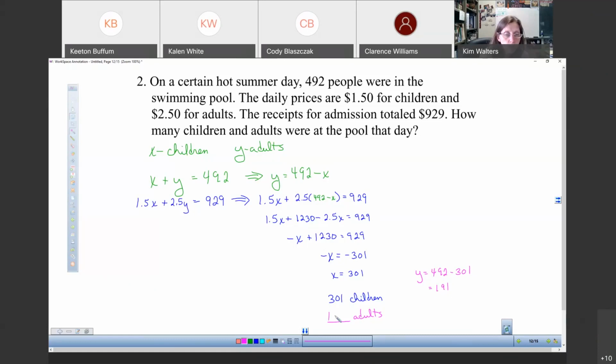Okay, so 191 adults. I can put it into here, x plus y is equal to 492, x being 301 plus y is equal to 492, or I can just substitute it here. It doesn't matter which one. Either way is going to get me the 191. Questions.